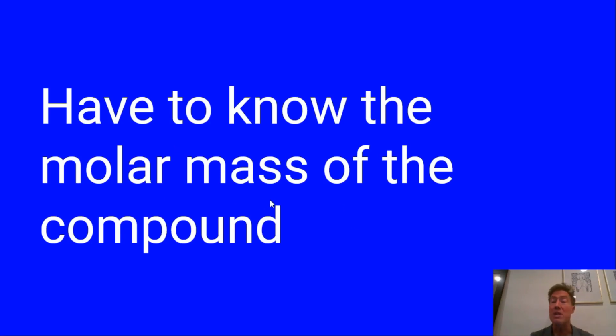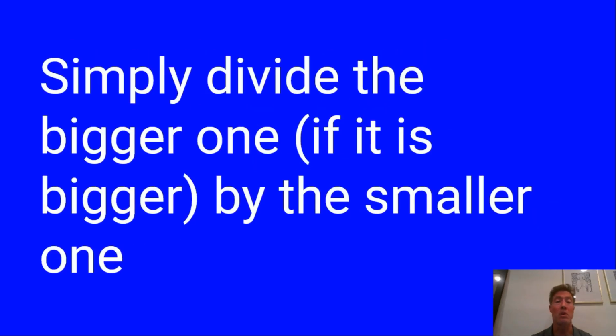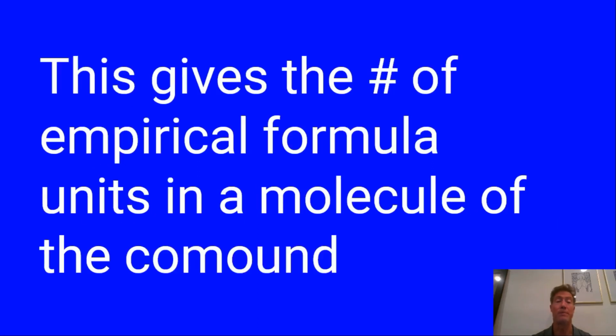But if the molar mass is more, then you divide the bigger number, the molar mass, by the empirical, and you'll see that it comes out to a whole number. And if that number is 4, then the molecular formula is 4 times larger in every respect. So multiply every element by 4 to get the molecular compound. So the molar mass will either be the same as the empirical mass or some whole number multiple of it. Divide the bigger one, if it is bigger, by the smaller one.